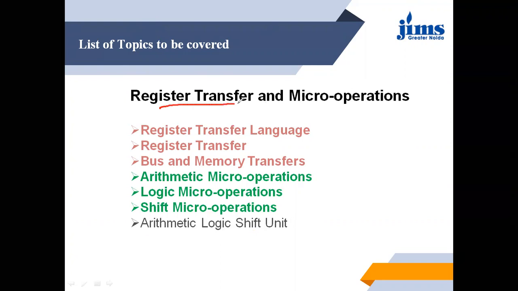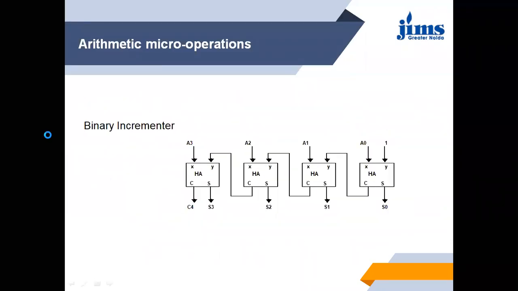Register transfer and micro operation was the first part of the first unit, and there are different topics: register transfer language, register transfer, bus and memory transfer, arithmetic micro operations, logic micro operations, shift micro operations, and in the last, the arithmetic logic shift unit. So we discussed all these here.